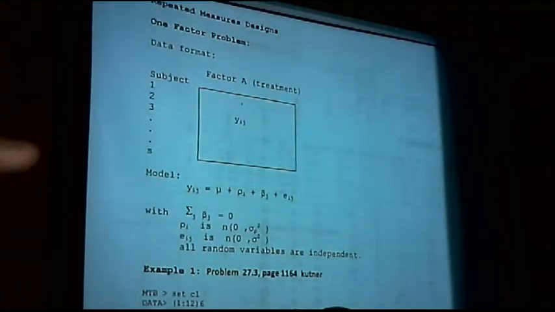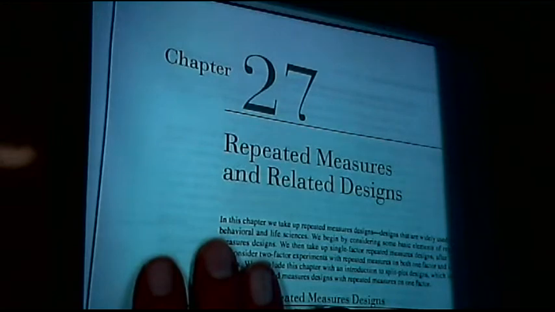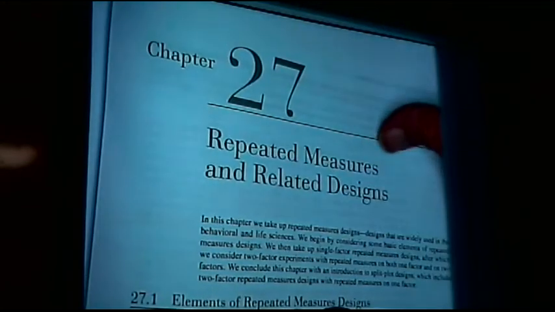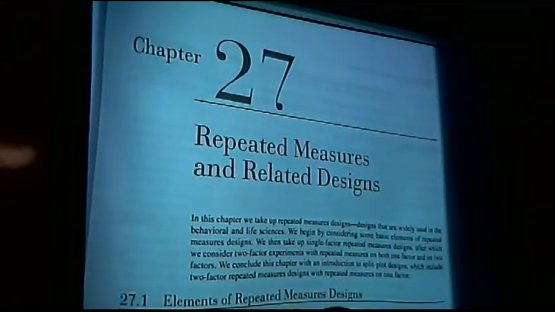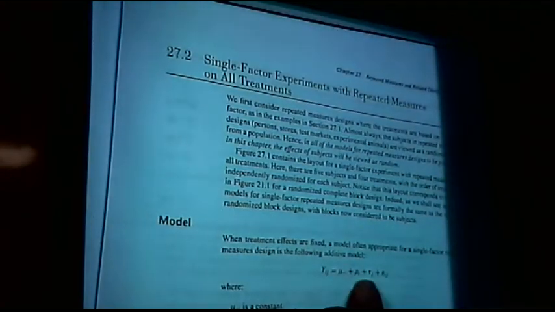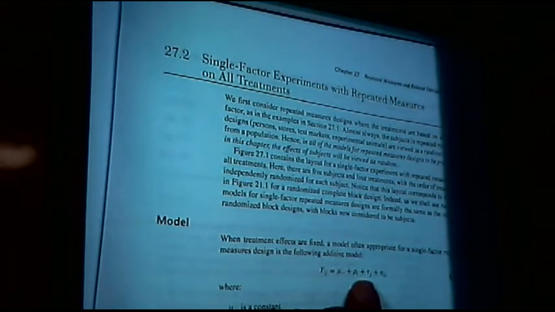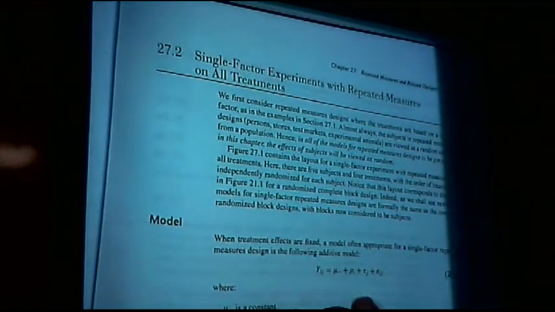Yes, when you look, you can see that chapter 27 is about repeated measures and related designs. And so on the first page, you see a model here which looks just like the model on my handout. So that's on page 283.